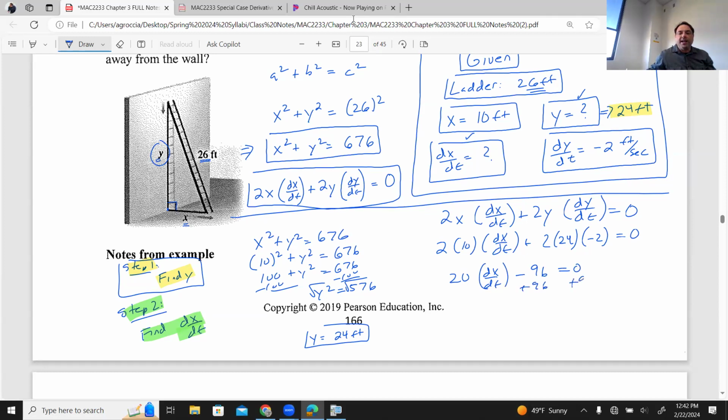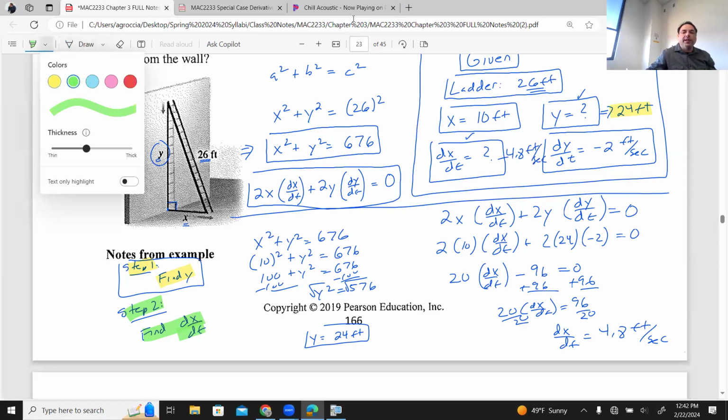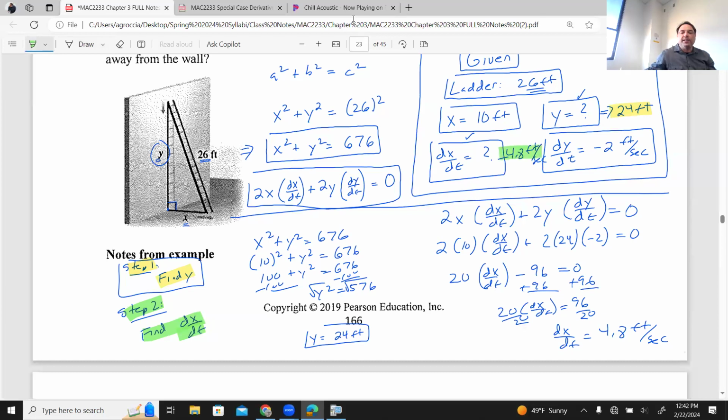Add 96, add 96, 20 dx over dt equals 96, divide by 20, divide by 20, dx over dt equals 4.8 what? Feet per second. Okay, so we now found that the rate is 4.8 feet per second.